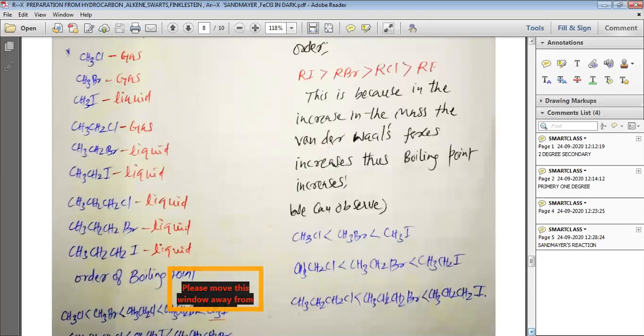Now, as we want to study the physical state, my dear students, let us have a look at the physical states of the various compounds I have given to you, so that you can understand it better.